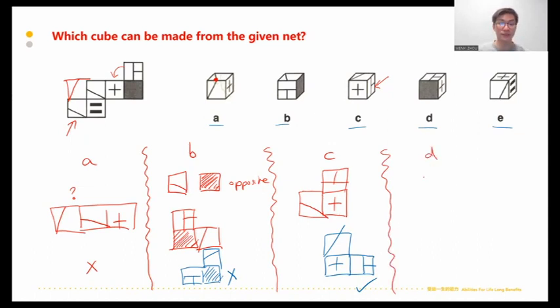So now let's look at D. Okay. So D, again, has the black face, the cross, and the T. Okay. Well, I can see already in my original net, there's a black face, a T, and a cross. Okay. And what do I see is that when I put these together, the T should be facing away from the cross, right?